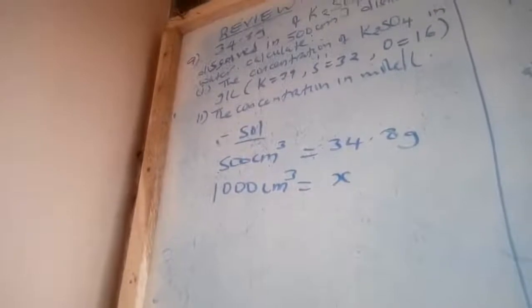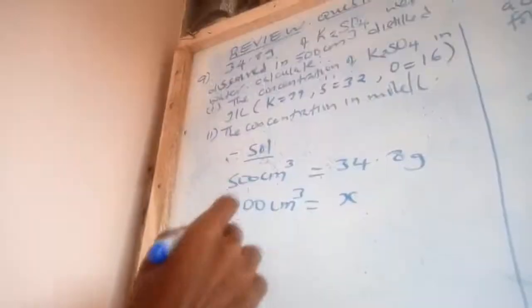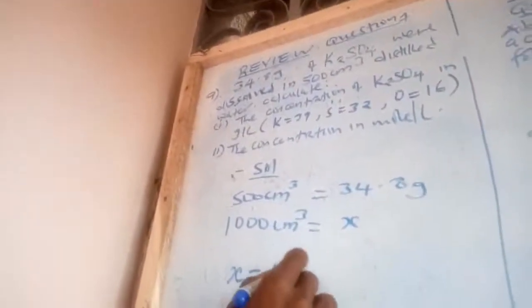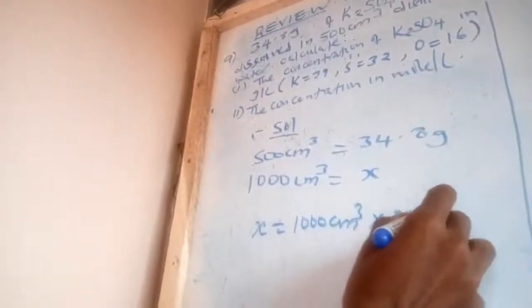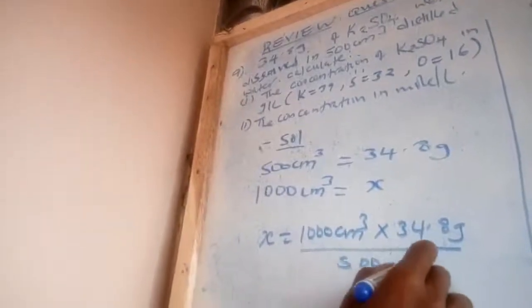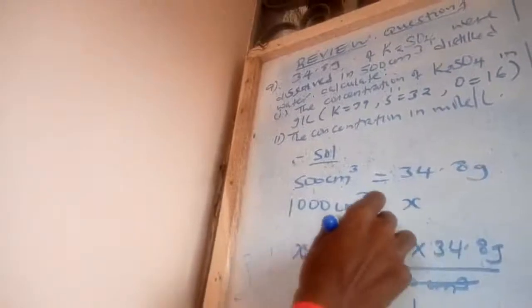should be dissolved in 1000 cubic centimeters of solution is the one which we are asked in part Roman 1 of the question. And therefore you cross multiply, you'll get the value of x as 1000 cubic centimeters multiplied by 34.8 grams, then divided by 500 cubic centimeters, and you can cancel this, you'll get 2.